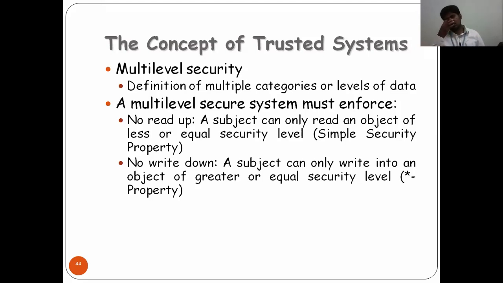There is also no write-down: a subject can only write into an object of equal or higher security level. So what data can we modify, what data can we not modify, and how are we going to provide multi-level security?